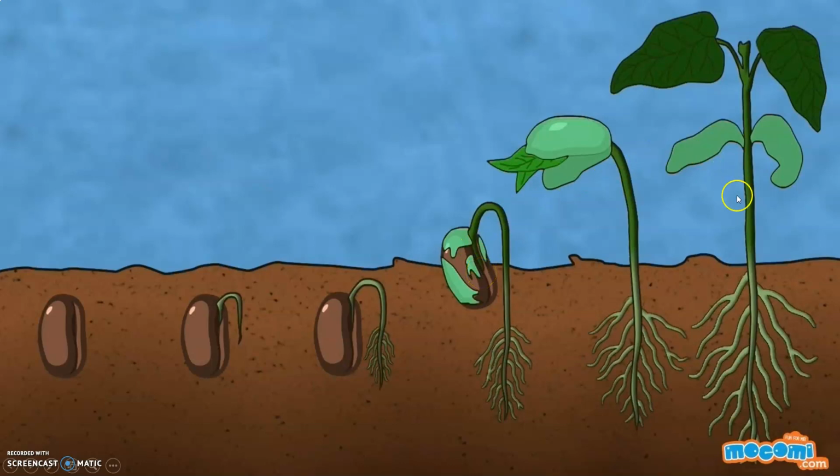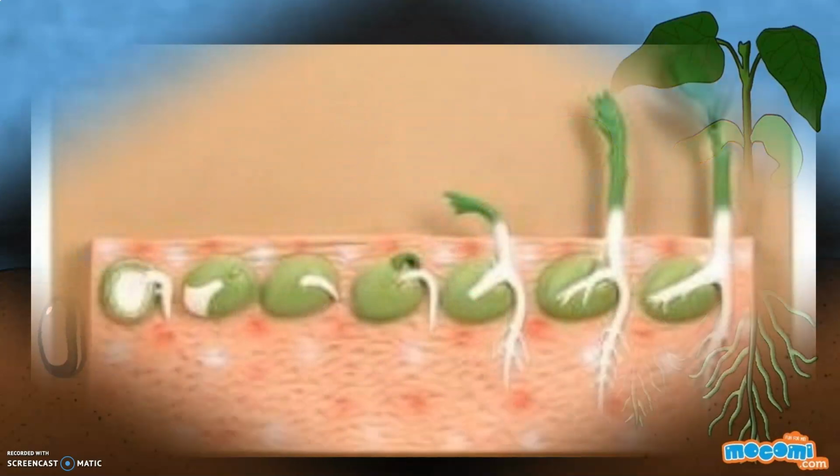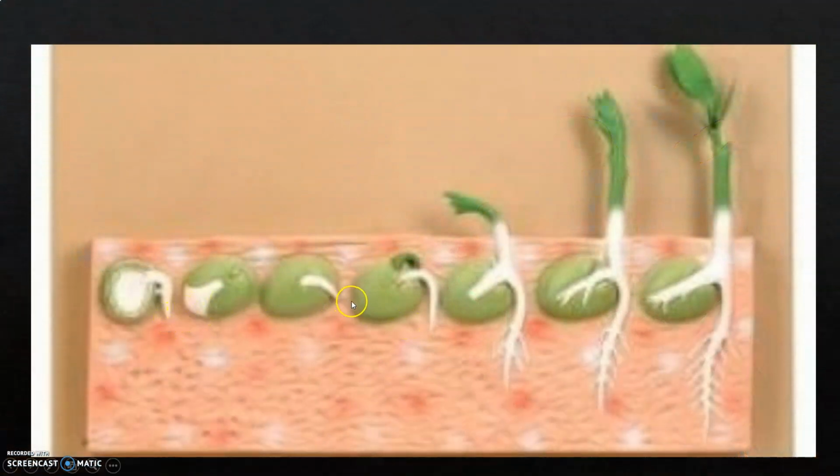So here, the plumule and radicle will give rise to the shoot system and the root system. In the case of a monocot, the cotyledon does not come out. Rather, the plumule and the radicle come out of this cotyledon itself and start developing into a new plant.